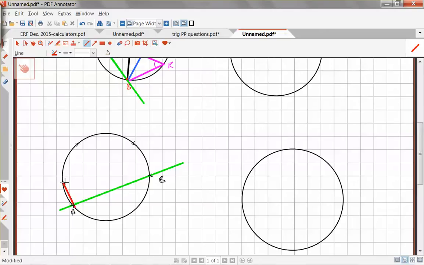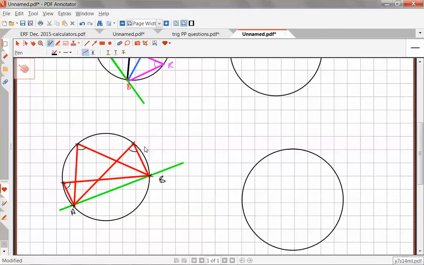So I go from A to that point there, that creates an angle. If I go up there, it creates another angle. If I go over there, I create another angle. Same diagram. So that angle, this angle, that angle are all the same. So that's the circle theorem.